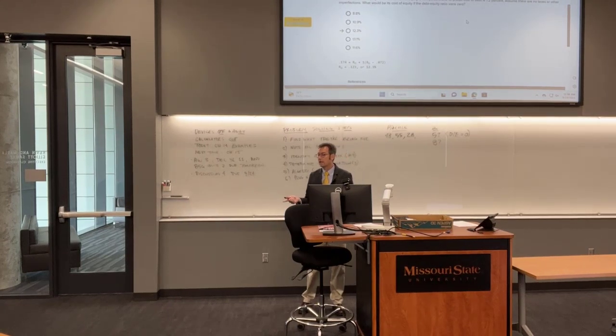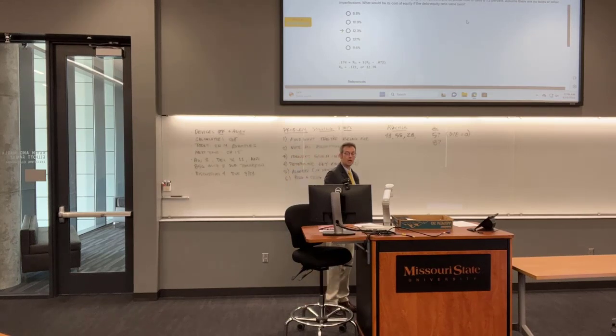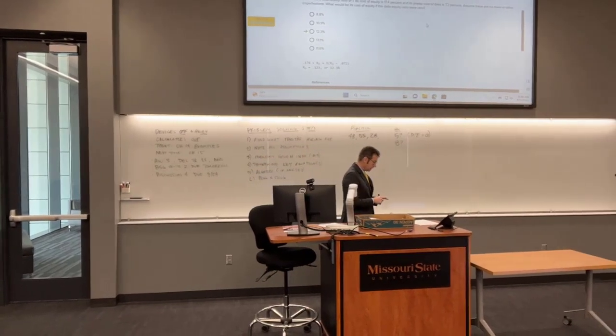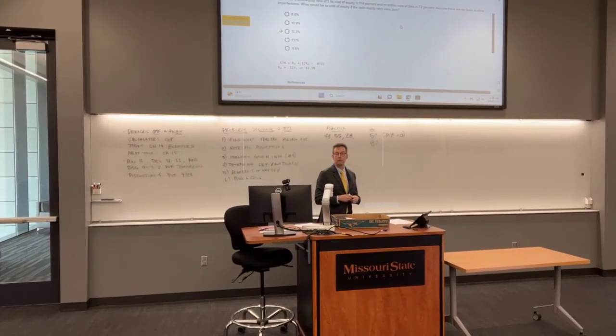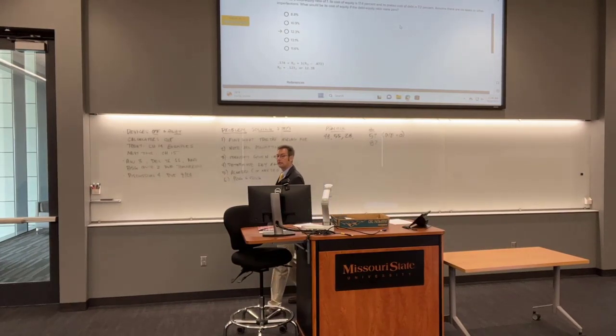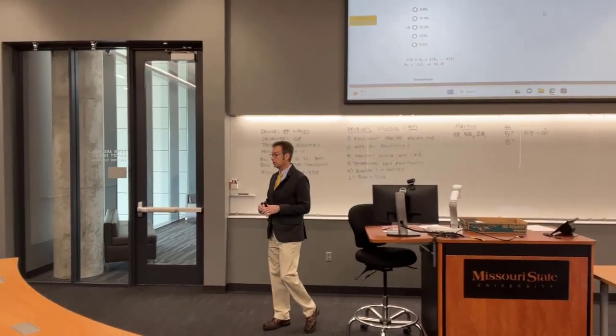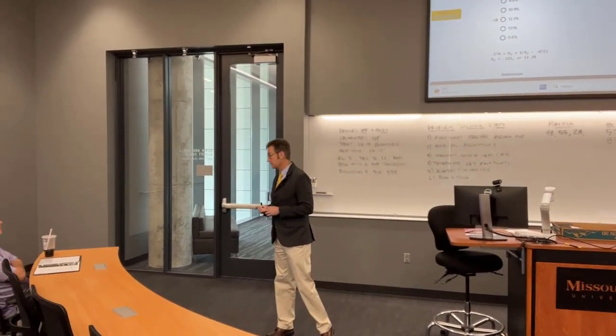And so what they're really asking for is the required return on the assets. Does that make sense? We know that the required return for the assets on a firm is the same as its weighted average cost of capital, especially when there are no taxes.